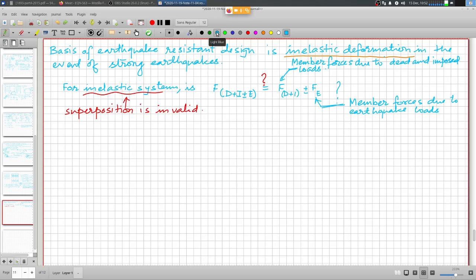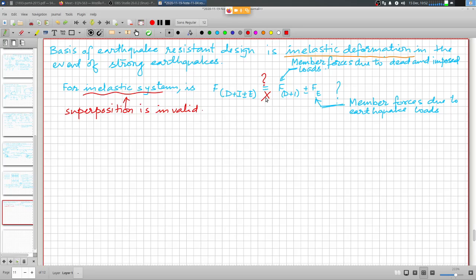So obviously this cannot be true. So this is not equal. So what to do?